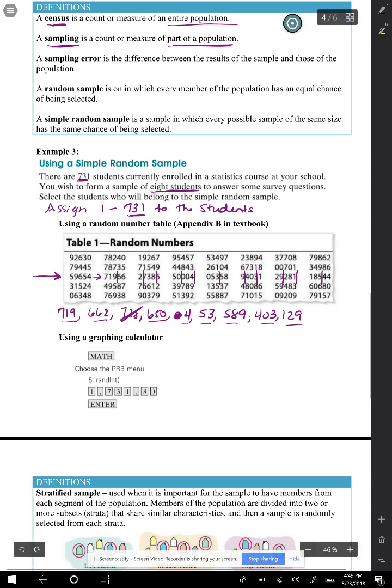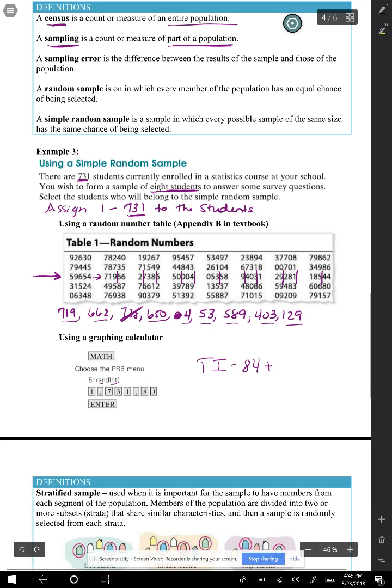What you're going to do is if you're using the TI-84, remember that's the calculator I told you I would be using. And if you're using the TI-84 calculator, you're going to push the math button. And then from math, you're going to select probability, and then you're going to push 5 for random integer.